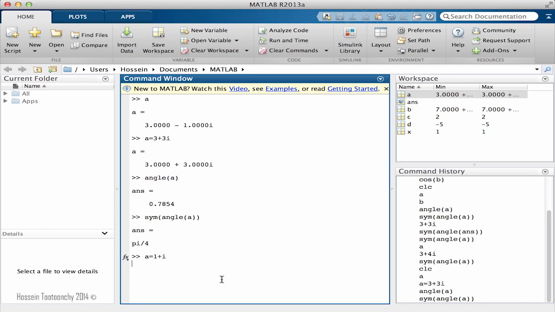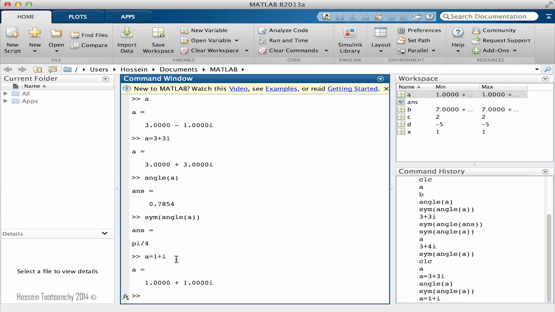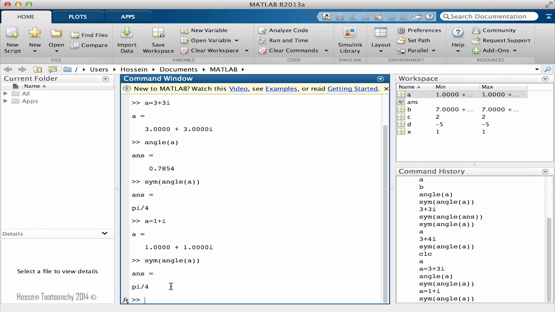We can really use that. So whenever you have the same real part and imaginary part, remember that by doing this, you can get the result. As you notice, the result for a with this real and imaginary part was exactly the same as when it was a different number, because what matters is actually their division, which is going to be the same.